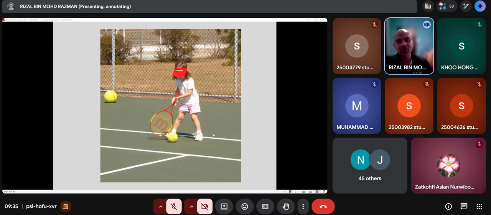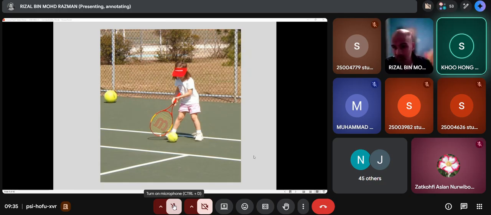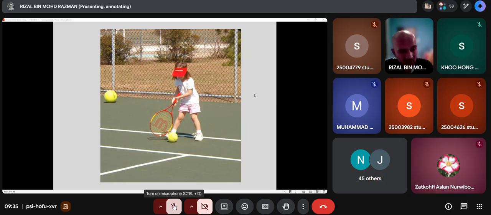So the peculiar thing about the picture is that the ball. You can see there are various sizes of tennis balls. Why do you think there are different sizes of ball? To fit the athlete or the person doing the exercise. To compensate for the player's size.